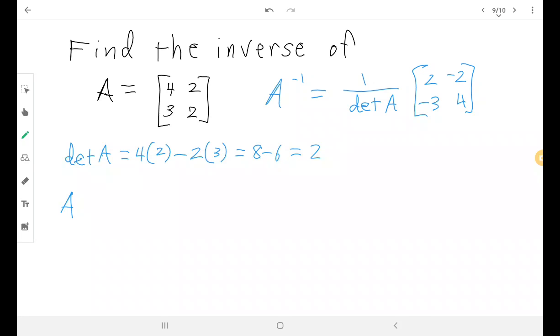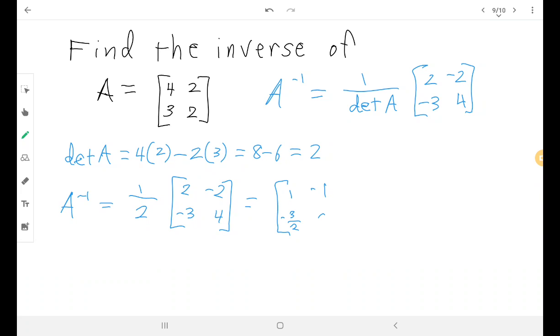So then A inverse equals 1 over 2 times this new matrix that gets me to the inverse. And now I just got to distribute that 1/2 to everything. 1/2 times 2 is 1. 1/2 times -2 is -1. 1/2 times -3 is -3 over 2.